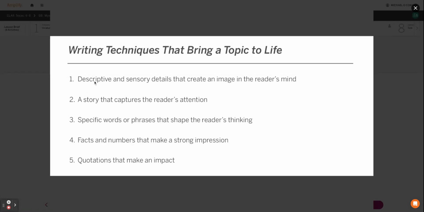So they describe with sensory details to really make that image pop in the reader's head. The story is interesting. There's a conflict, there's a problem that the characters are trying to solve or the people are trying to solve.